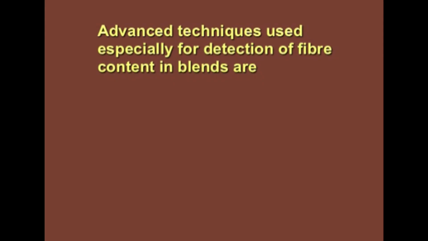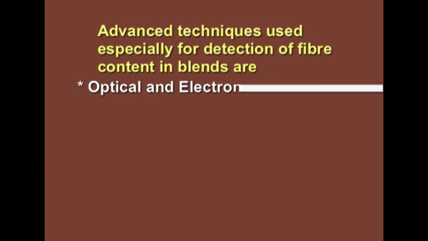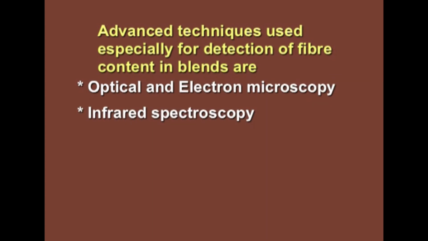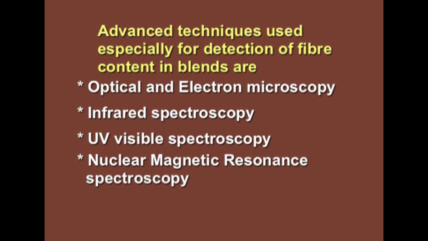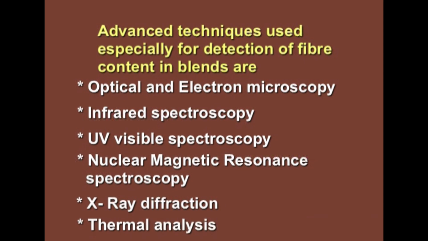Other advanced techniques used especially for detection of the fiber content in blends are optical and electron microscopy, infrared spectroscopy, UV visible spectroscopy, nuclear magnetic resonance spectroscopy, X-ray diffraction, thermal analysis.